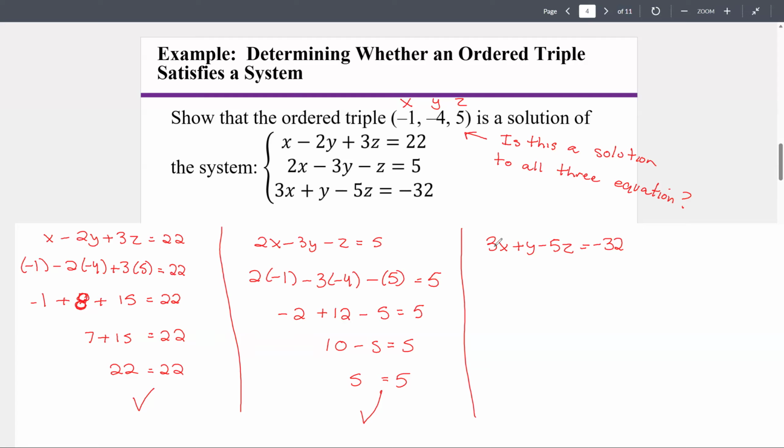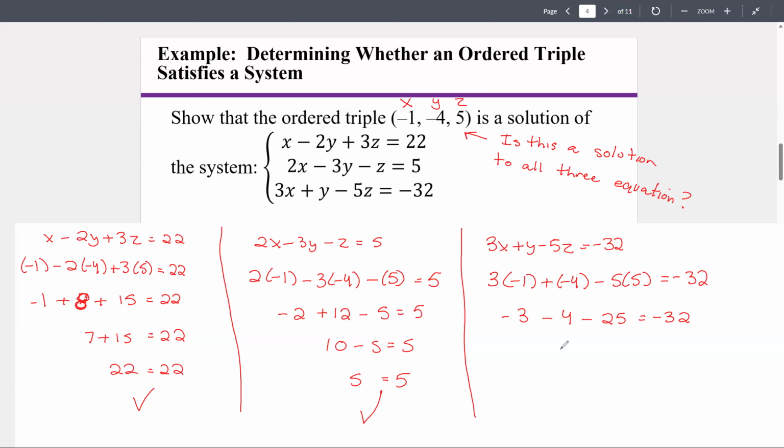3x plus y minus 5z equals negative 32. We're going to see if that's a solution as well. So we get 3 times negative 1 plus y, which is negative 4, minus 5 times z, which is 5, and that's going to equal negative 32. So we have negative 3 minus 4 minus 25 equals negative 32.